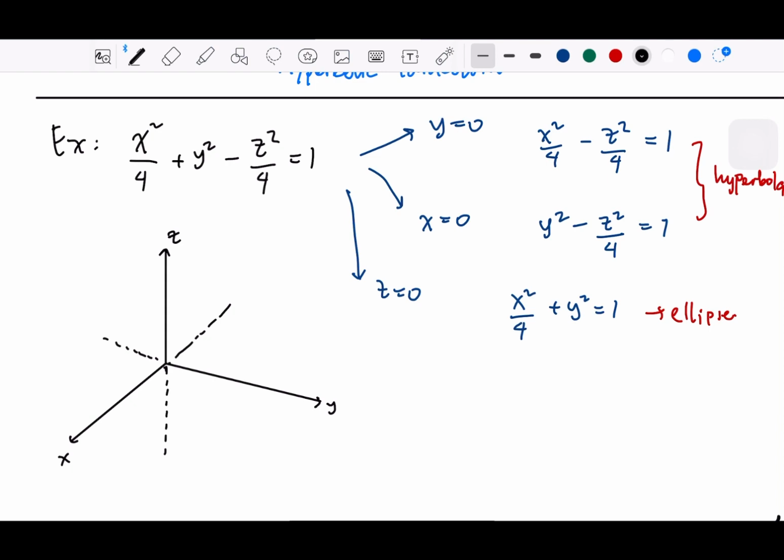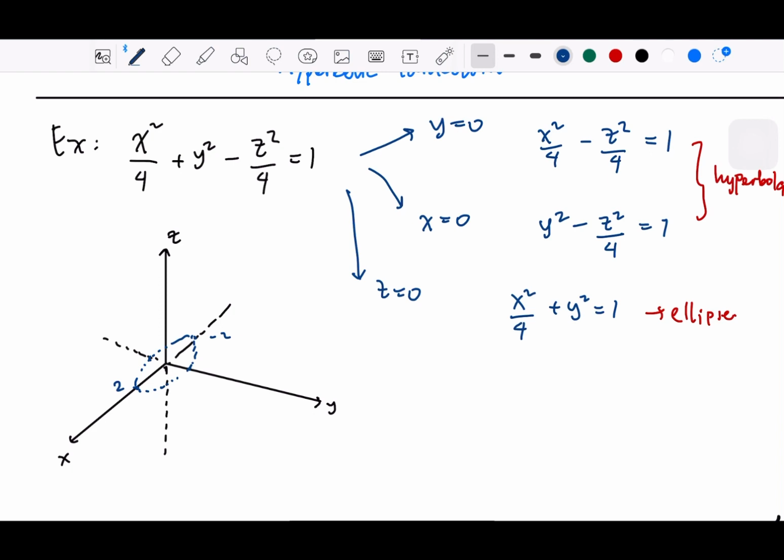So z equals 0 means that at the origin plane, we have 2, maybe here, this is 2, -2, this is 1. So we have an ellipse over there, right? But then we have hyperbola on xz and yz.